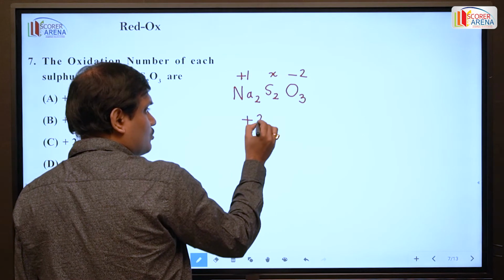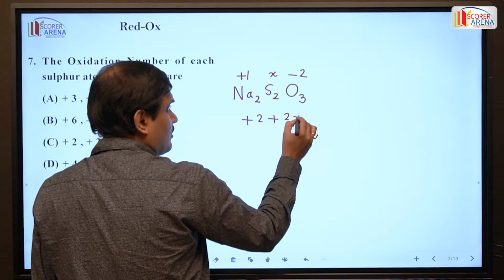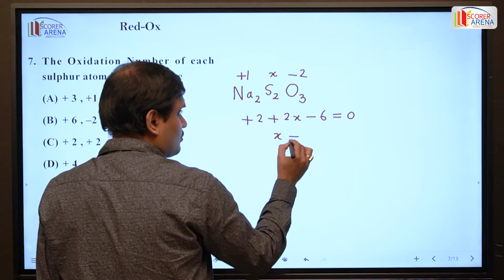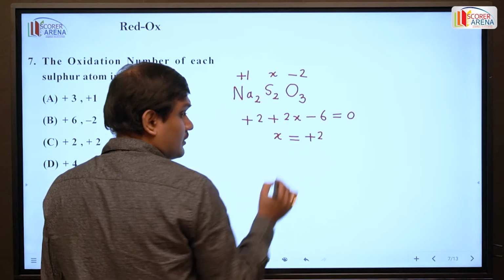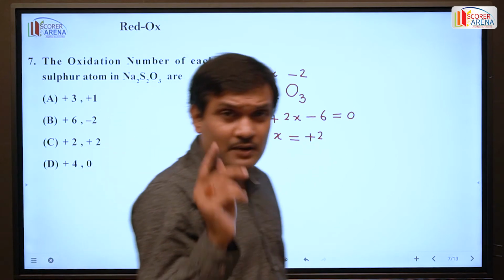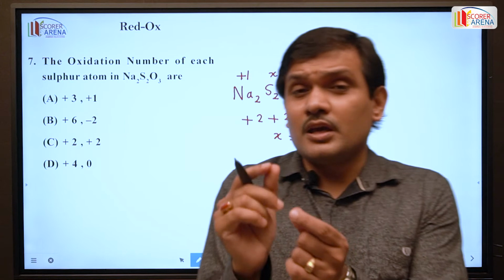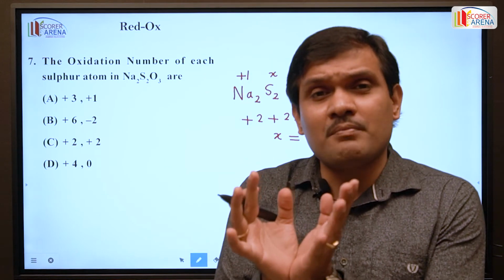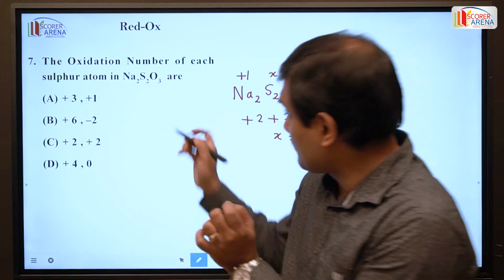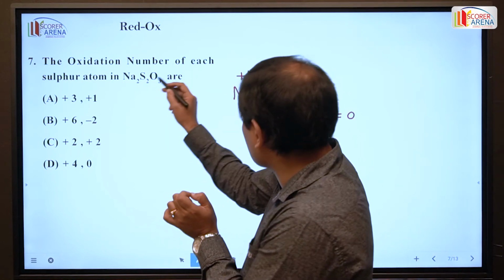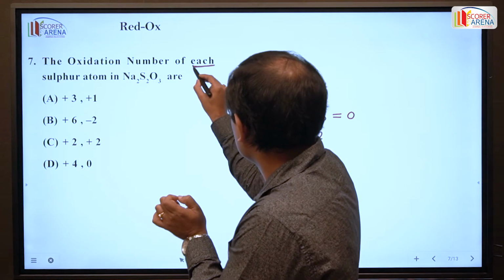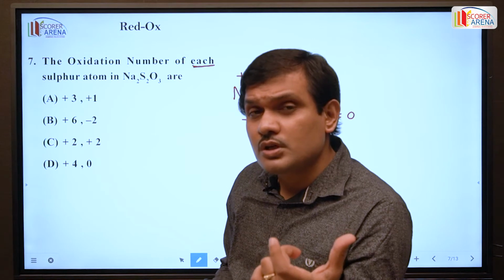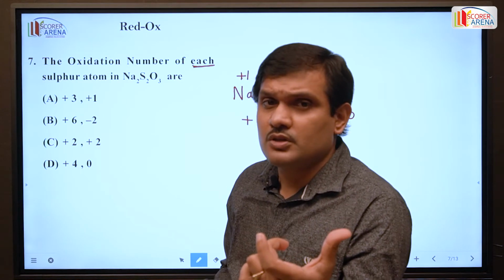So it will be plus 2, plus 2x, minus 6, that will be equal to 0, and hence x is equal to plus 2. Now if you write sulfur having oxidation number plus 2, then it will represent the oxidation number of sulfur. Here the term oxidation number is given, but another term is given, for each sulfur. When it is said for each sulfur, that means it deals with the oxidation state of each sulfur.